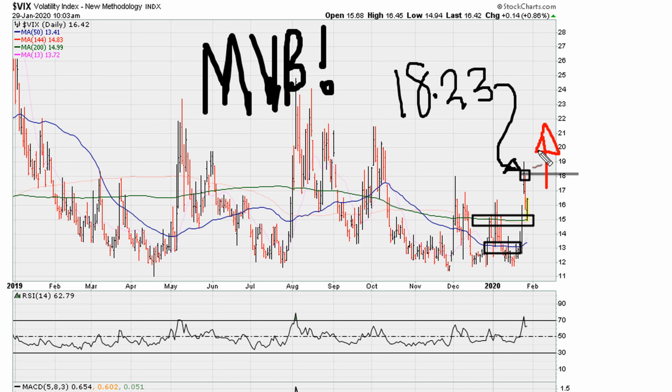So if the VIX turns around and eventually can move above 18.23, given that we have flat moving averages, be on the lookout for a massive market momentum move to the downside. Again, it would need a breakout above 18.23, and this is based on the method which I call the Muathe Virgin breakout.